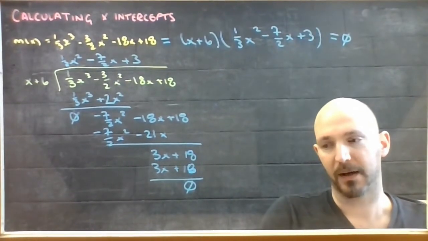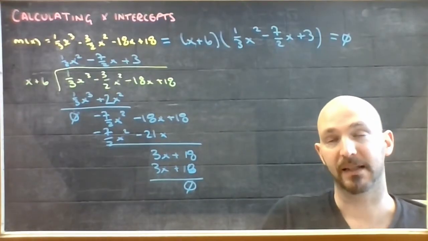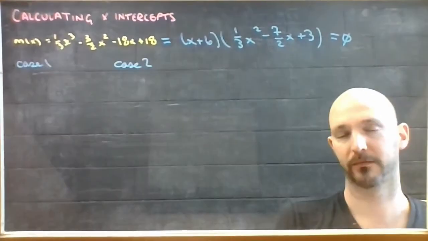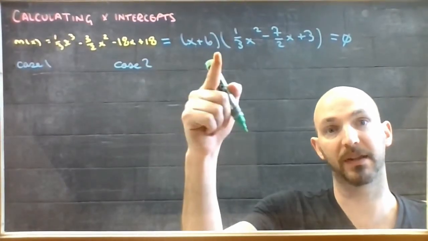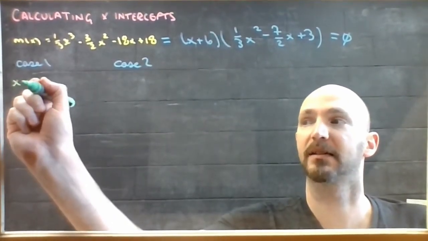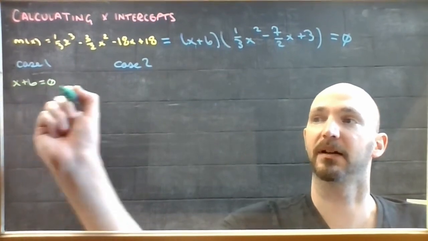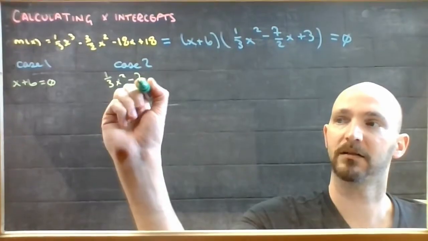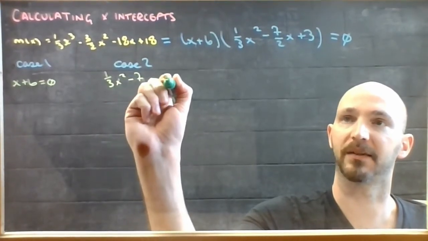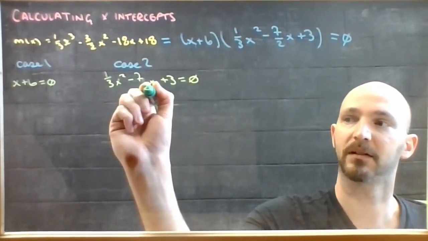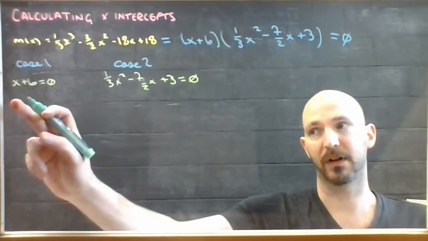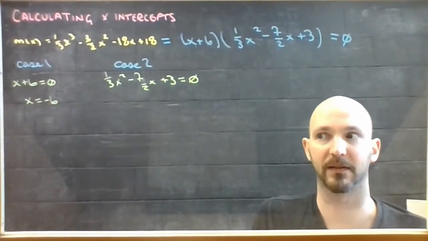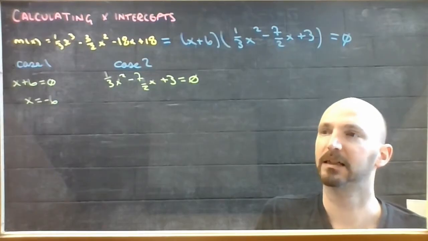So I'm going to set up my cases for when this thing is worth nothing. Case 1 is when this first bracket, x plus 6, is worth nothing, and case 2 is when this bracket is worth nothing. Now this one I already knew, x is negative 6. I guessed and checked that one out of the blue at the beginning.